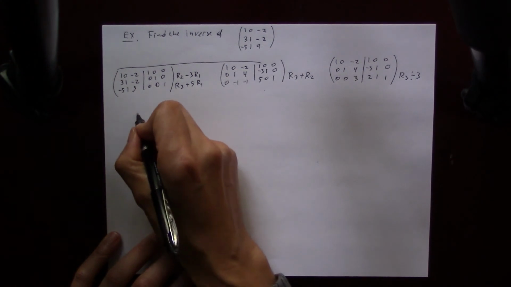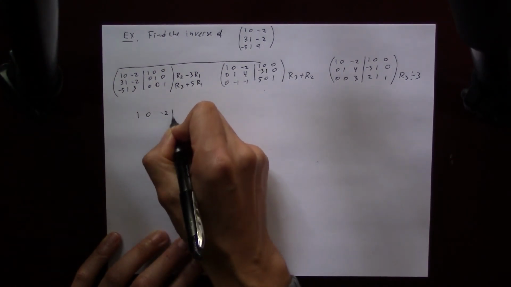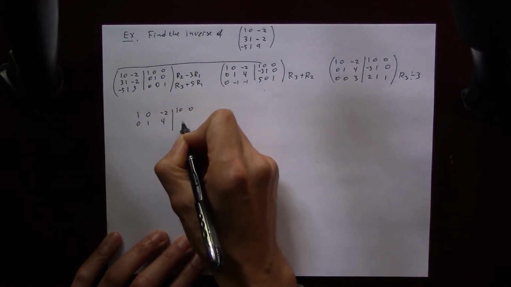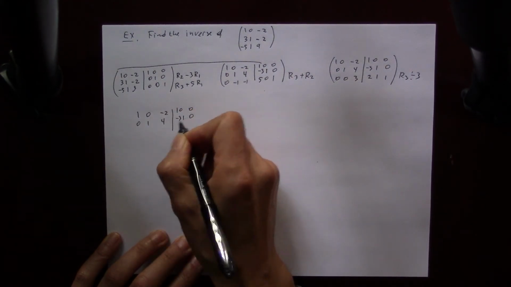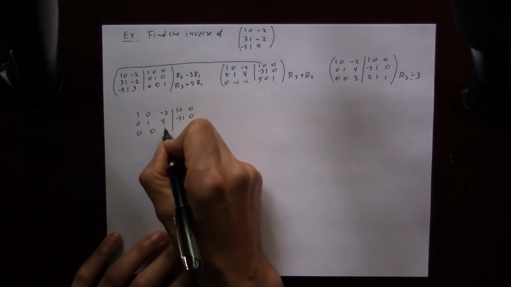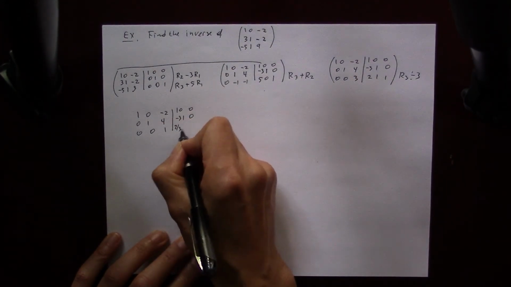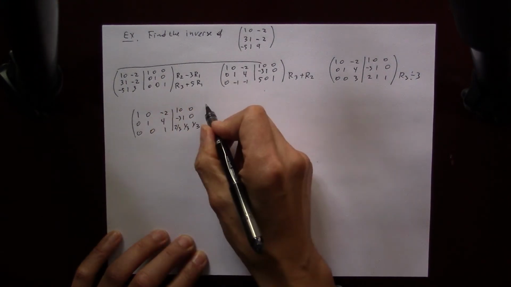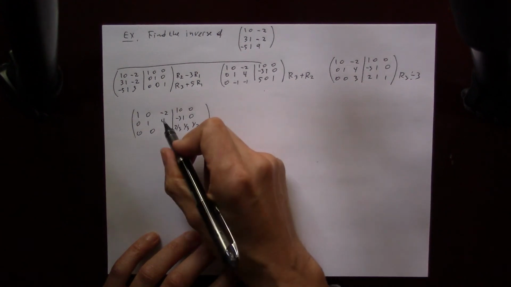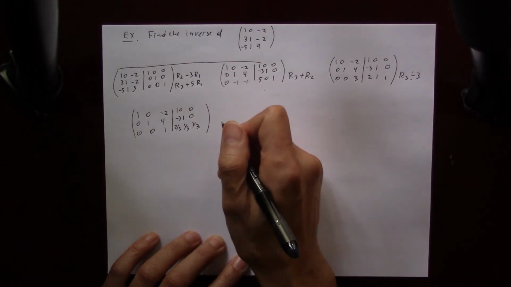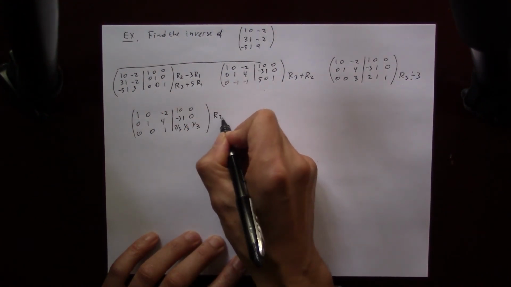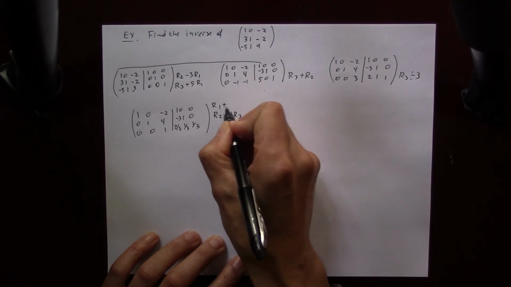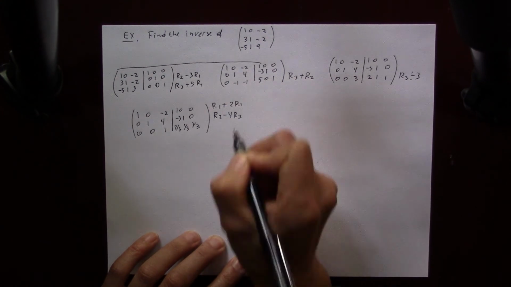So we get 1, 0, minus 2, 1, 0, 0; 0, 1, 4, minus 3, 1, 0; 0, 0, 1, divided by 3, 2/3, 1/3, and 1/3. And then all that is left is to take care of the 4 and the minus 2. So we do row 2 minus 4 row 3, and row 1 plus 2 row 3.